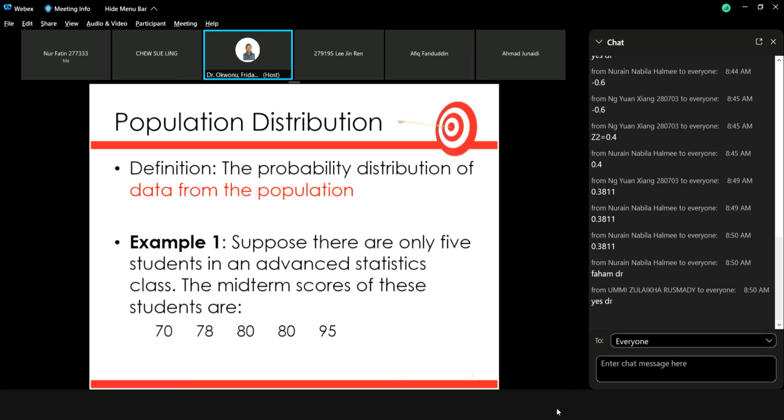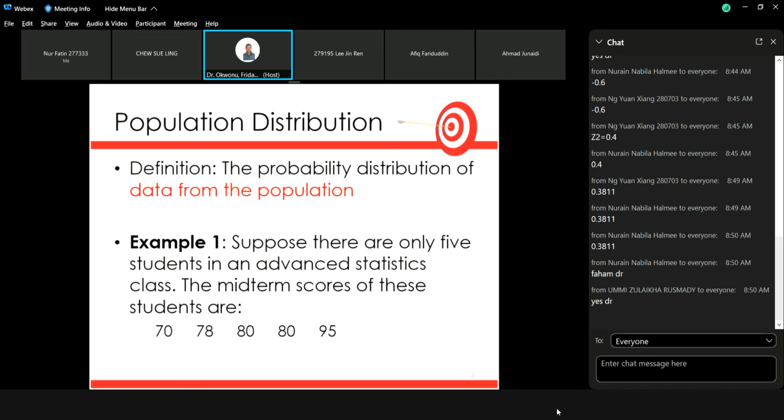Now, on the other hand, if we want to make a sample from Sintok, we only take a few elements in Sintok to represent the entire population. So when we do that, we are talking about a sample. So it is good for you to distinguish between population and sample.